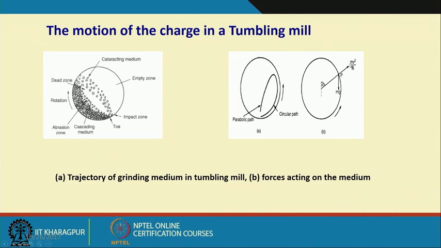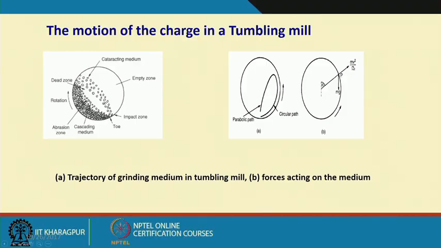Again, mass is a function of size and density, because m is equal to density into volume, and volume is again a function of particle size, that is the diameter. Then v is the velocity at which it is moving, and r is the orbital radius. So, that is called m v square by r.